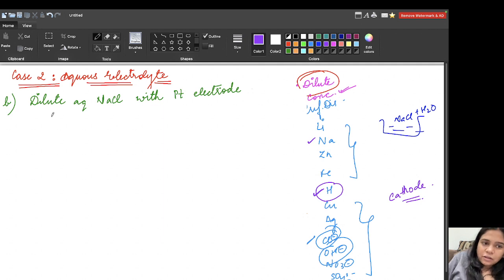Same things but with a twist. NaCl, you are getting it as Na plus plus Cl minus. Water is breaking down into H plus and OH minus.